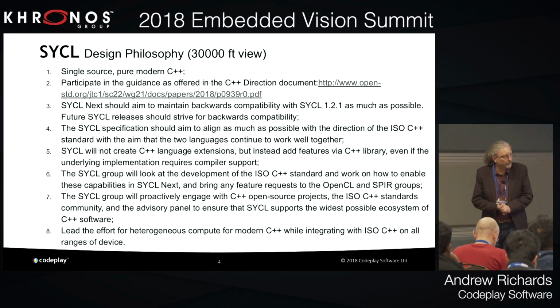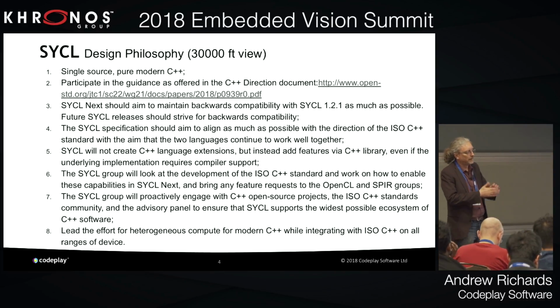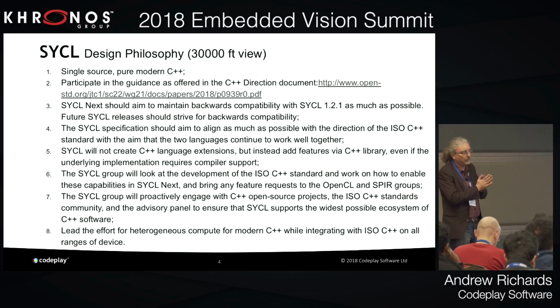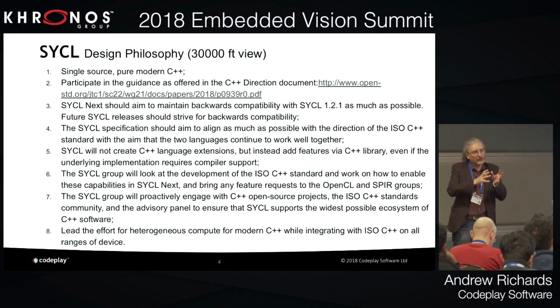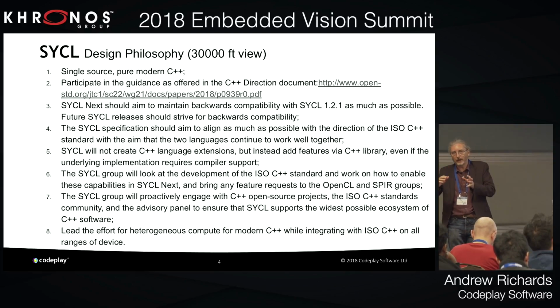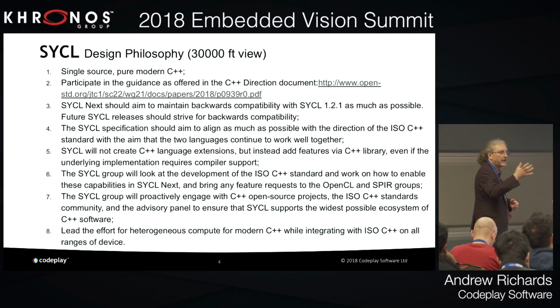So the SYCL design philosophy is single source, pure modern C++. What we're trying to do is align with the direction that the ISO C++ standard is going in, but we're going to go there first. So we're pushing it first. ISO C++ requires 2 implementations for any new feature, and they want to be able to see people using a feature in the wild before they standardize it.